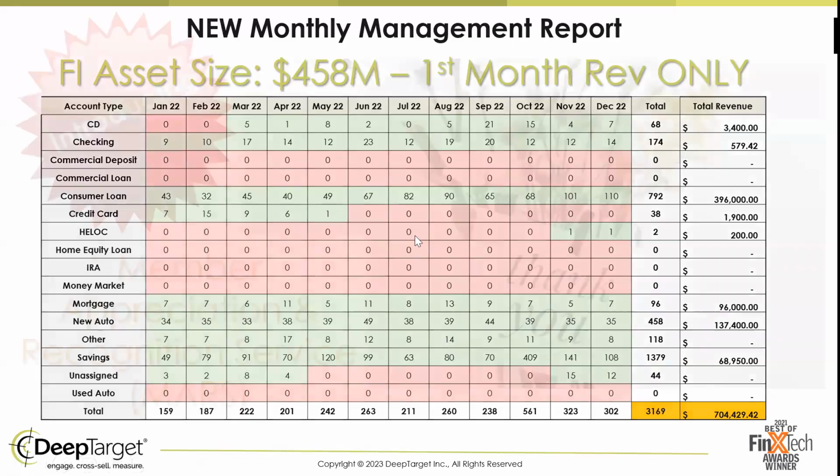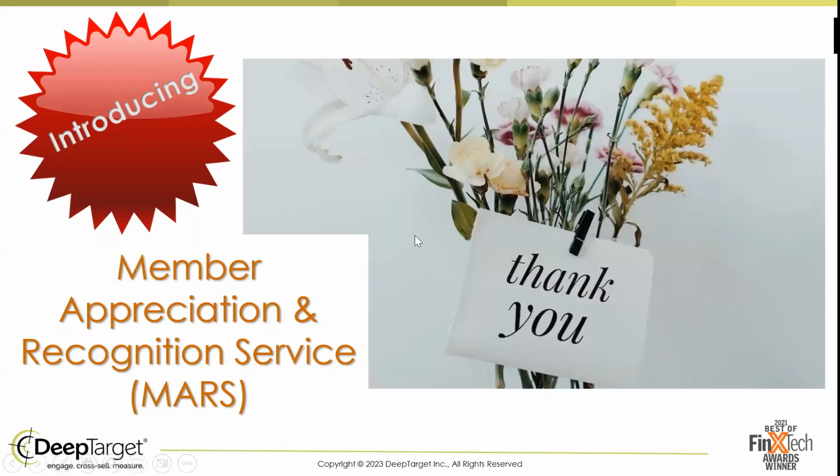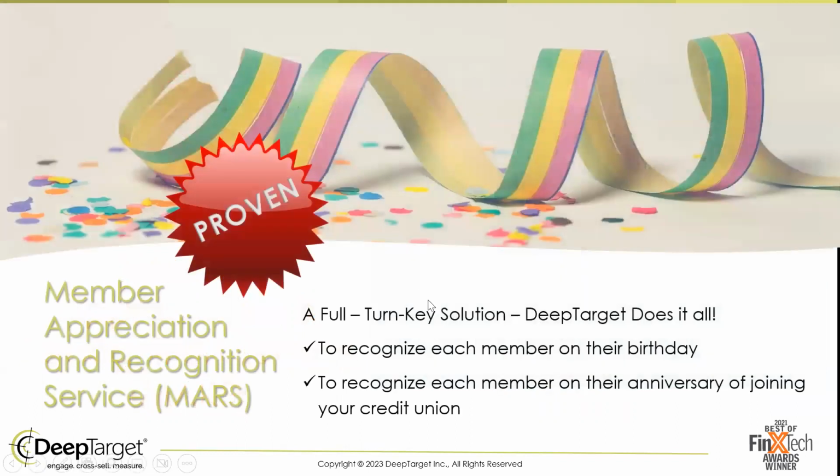Okay. And we're real excited about this last release we have. It's our new member appreciation and recognition service we call MARS. I've talked to some of you guys about it. It is a complete turnkey system where we're going to recognize each one of your members that have a birthday in this particular month, or they have an anniversary in this particular month.